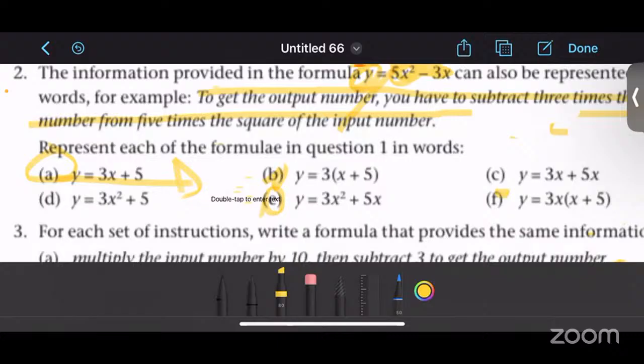I said, ma'am, to get the output number, you have to multiply 3 times the input number to the input number added to 5, ma'am.